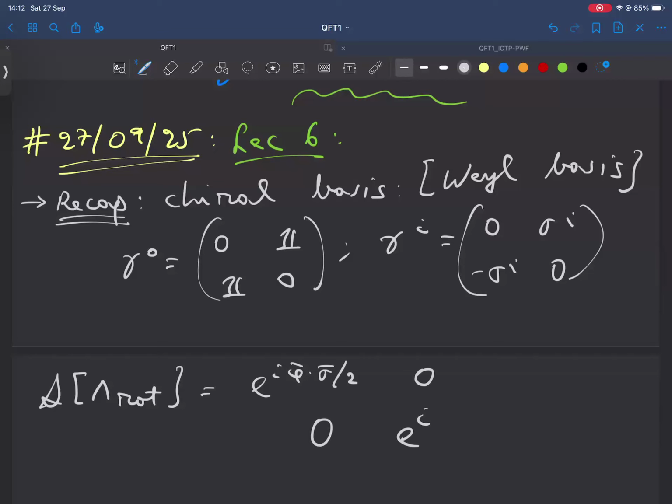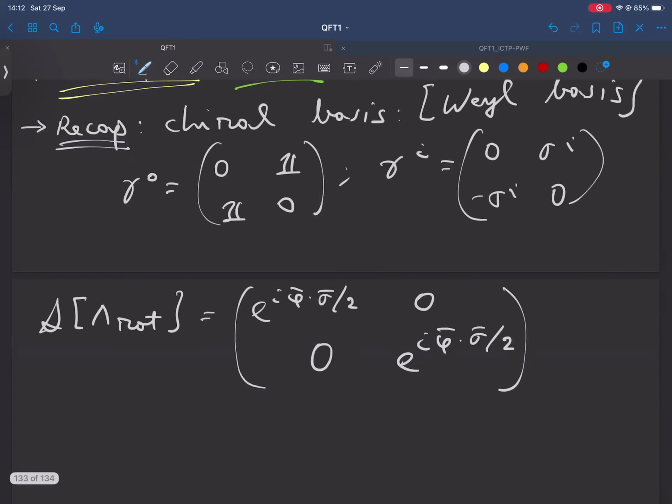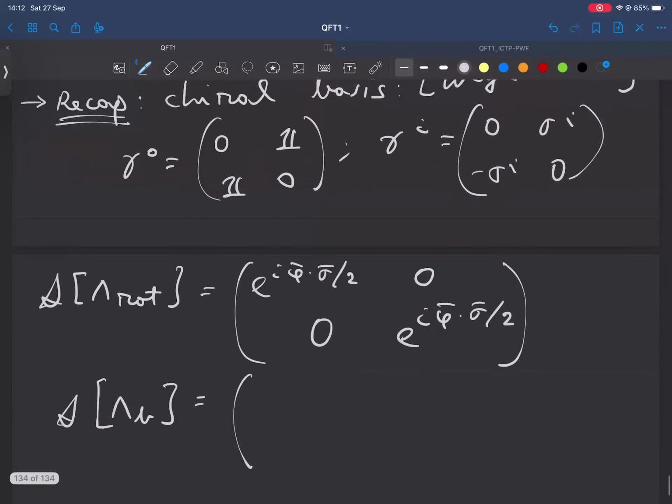They were essentially block diagonal, and boost was like this, again block diagonal, but with opposite signs.